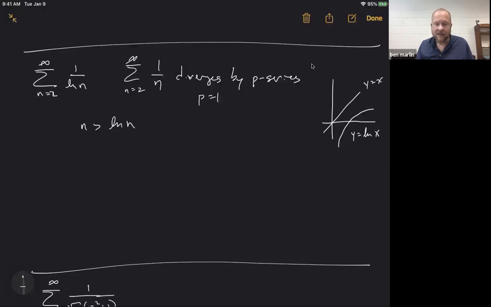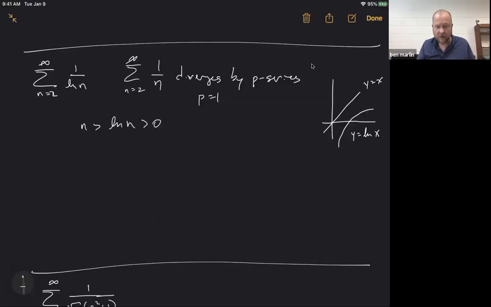And that says that the log function is always less than the actual x value, in this case n value, but we are going to have those be positive because the only n values we're plugging in is 2 or larger, okay? So then when we take reciprocals, something funny happens.